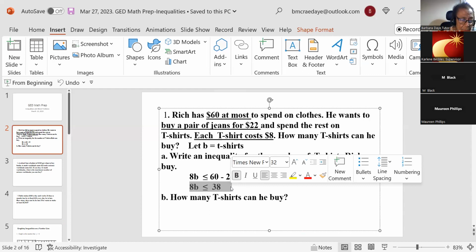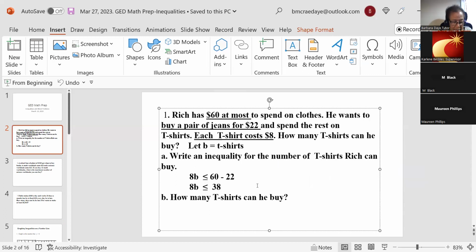So when you divided that out, let me just copy that there. What did you get, Mercedes? I got 4.75. So you got B by dividing 8 into 38, and you got 4.75, right?